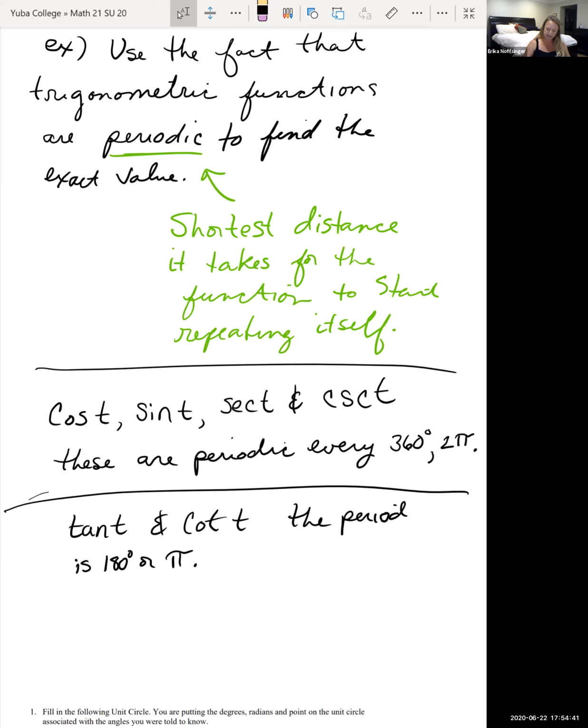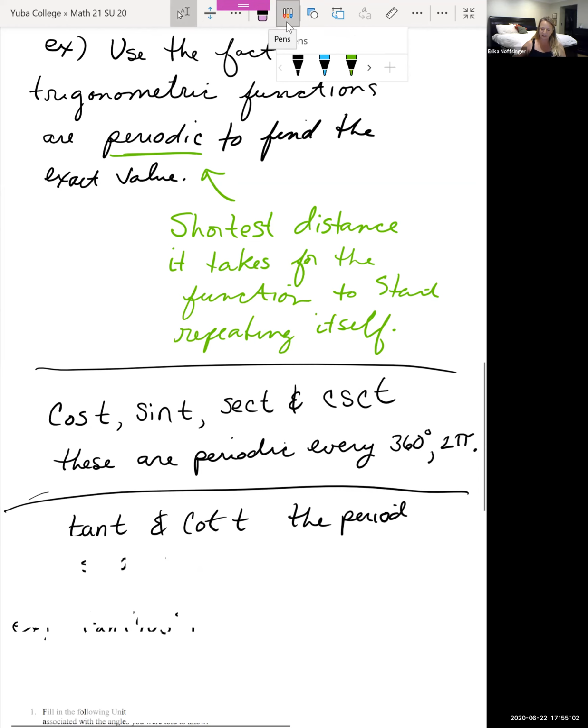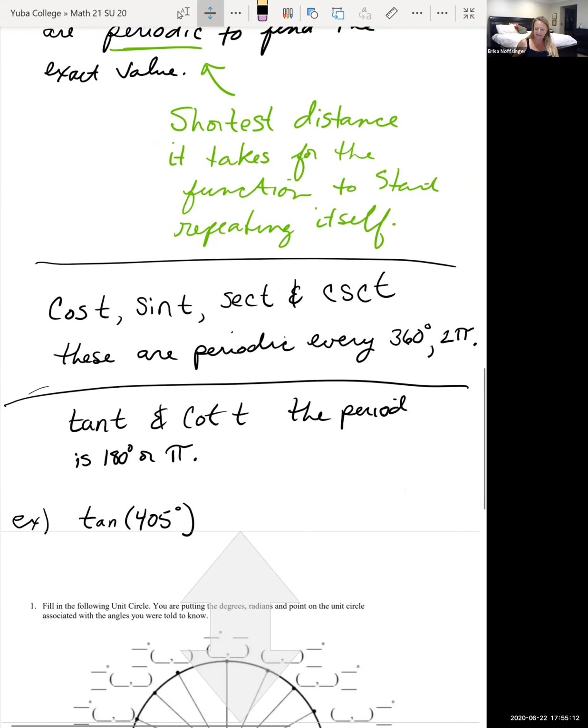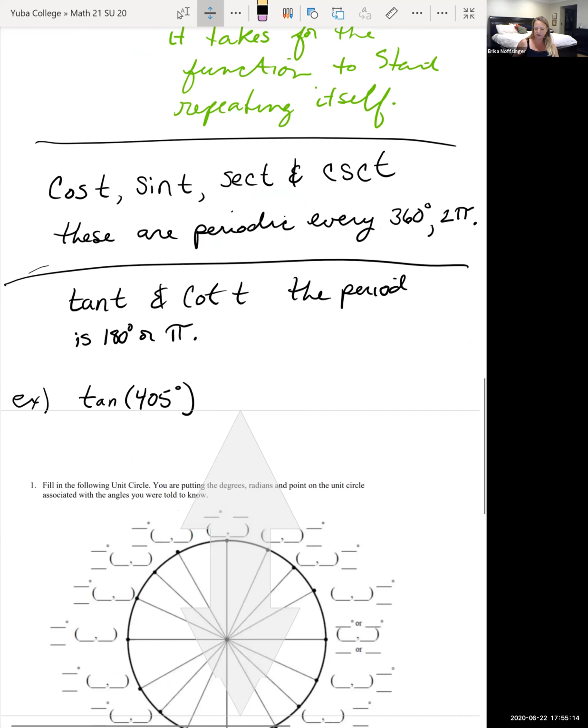So if we were using the fact that it's periodic, and we wanted to look at tangent of 405 degrees. It's periodic every pi, or 180 degrees.